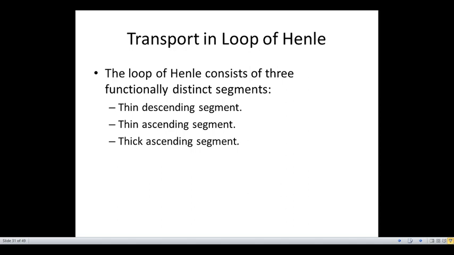Out of these, thin descending and ascending segments have thin epithelial membranes with no brush border.